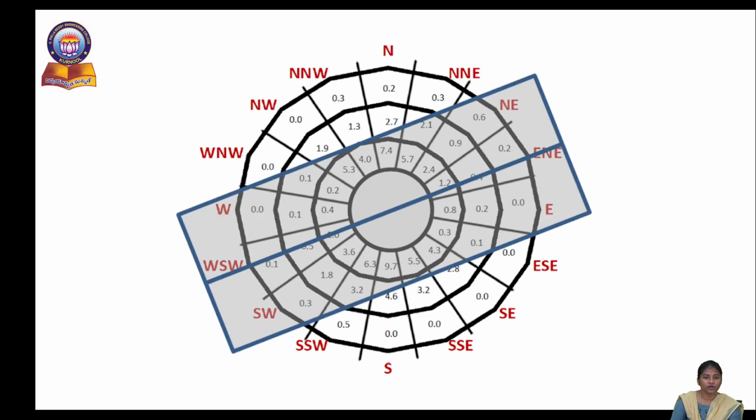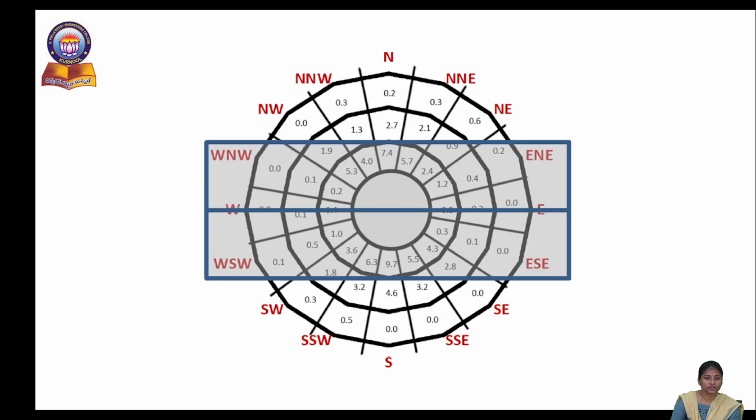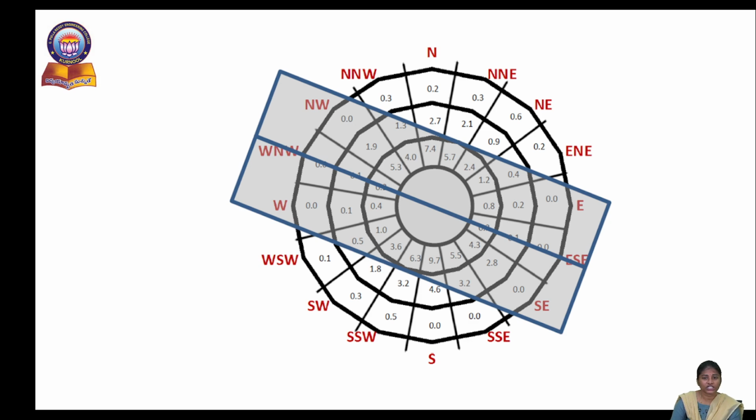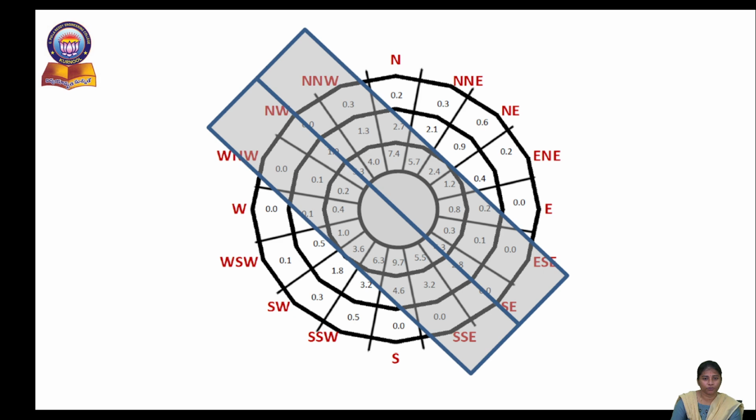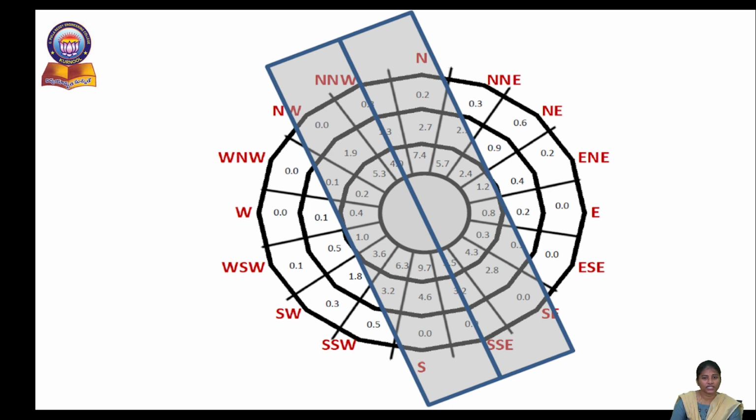Here also, and in this coverage also, you sum up all the values. Next, change the orientation like this, and go on adding the values covered under this strip. Change the orientation again and add all the values under this strip, and again for the next one.